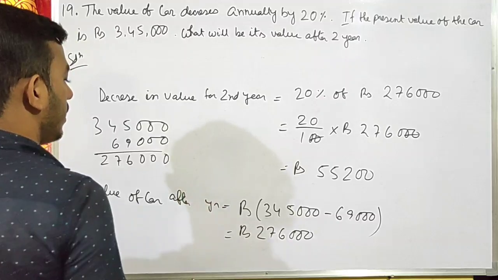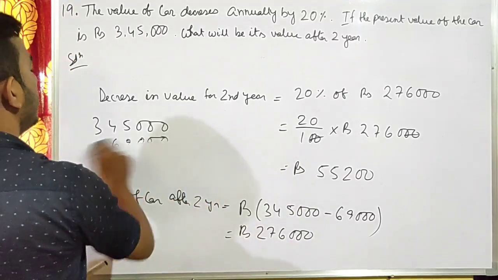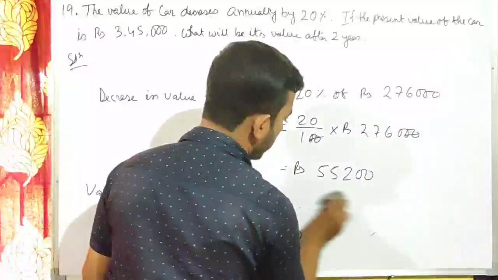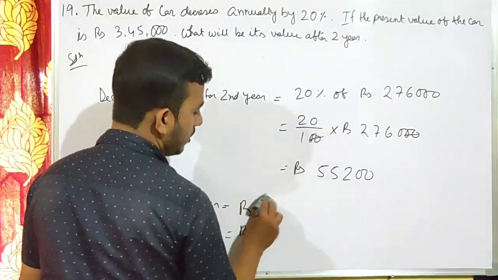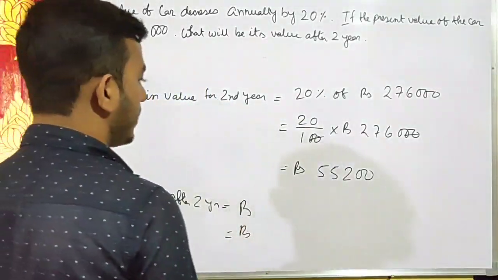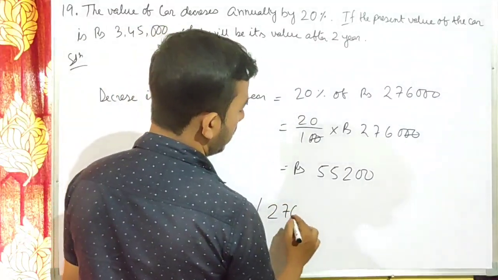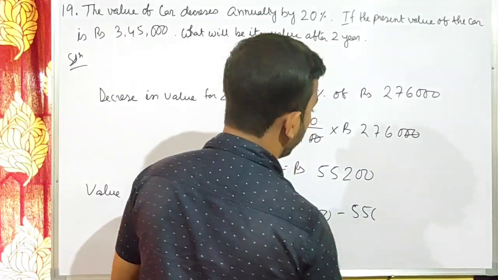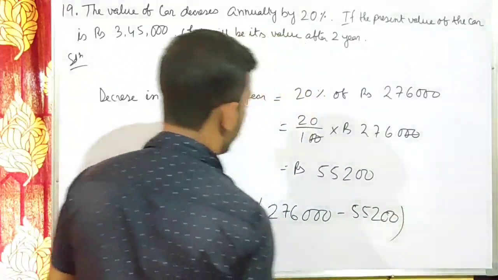So now we will write value of car after second year. Value of car after second year will be rupees 276,000 minus 55,200, isn't it? Yes.